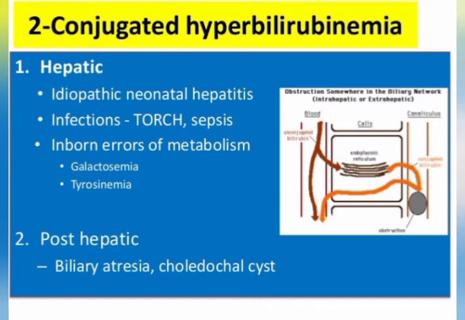Other causes include inborn errors of metabolism like tyrosinemia and galactosemia, post-hepatic causes like biliary atresia, and sometimes the deficiency of G6PD. All these factors may cause pathological jaundice in newborns.